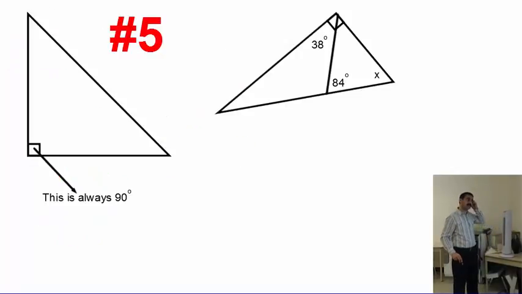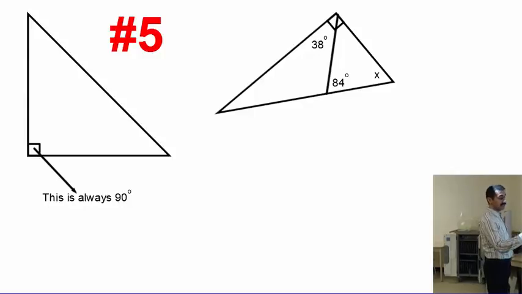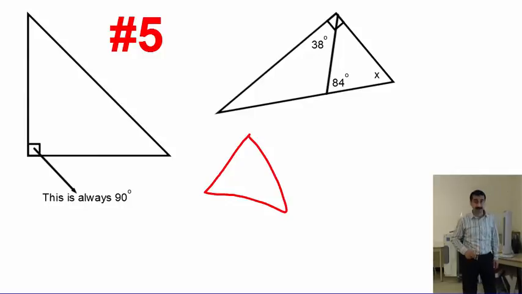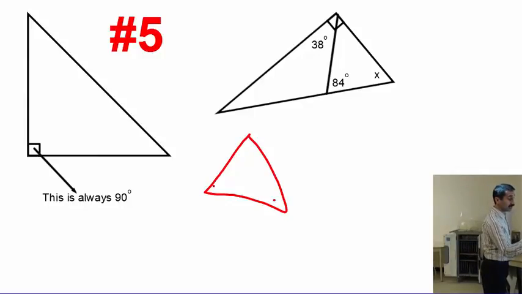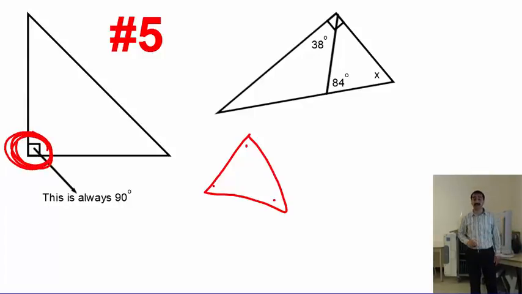And how about rule number 5? Rule number 5 is very simple. When you see a triangle or rectangle, it doesn't matter, if you don't see a square, that means it can be any number. But if you see a square at the corner, that means it's 90 degrees.